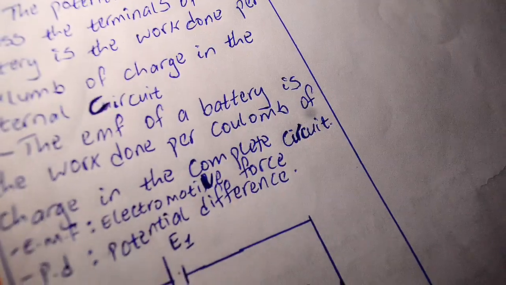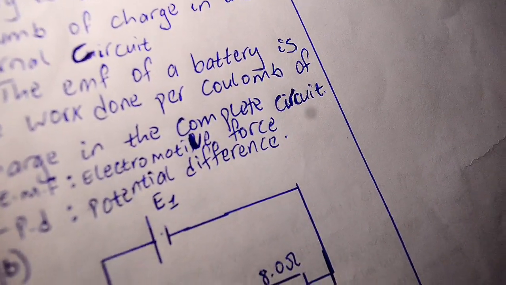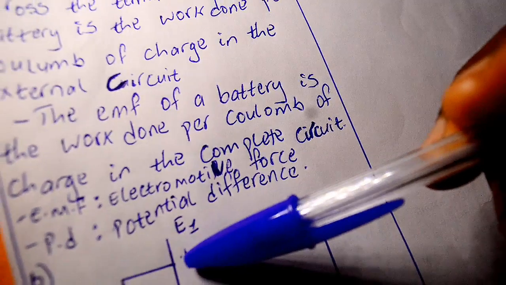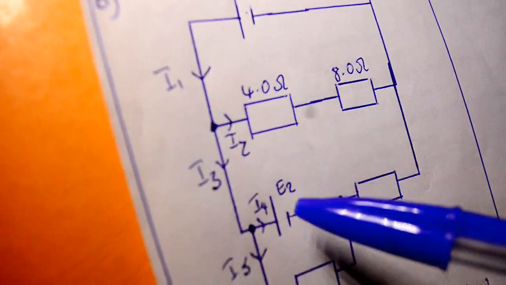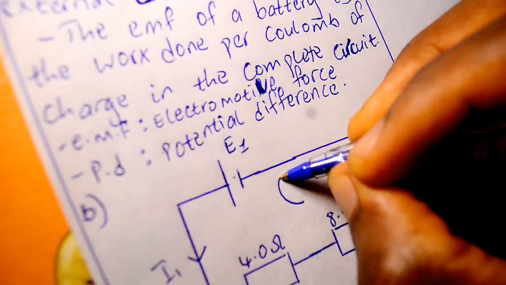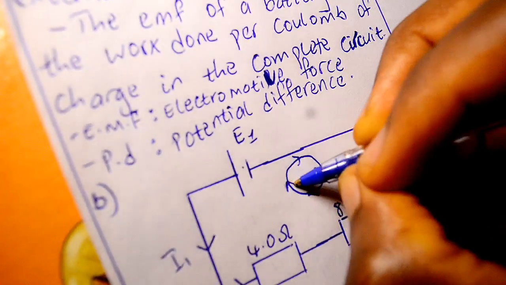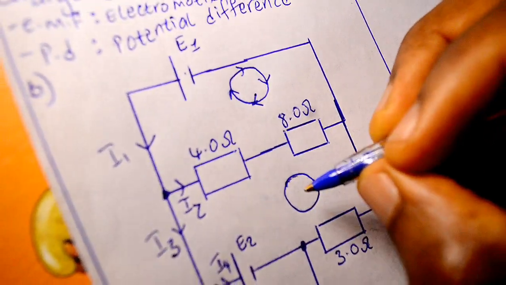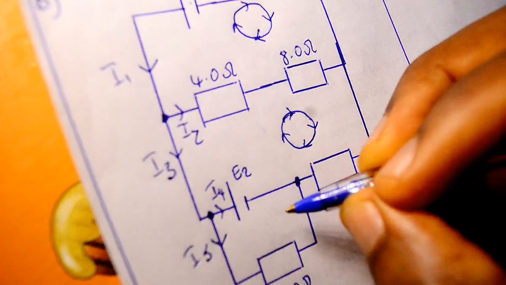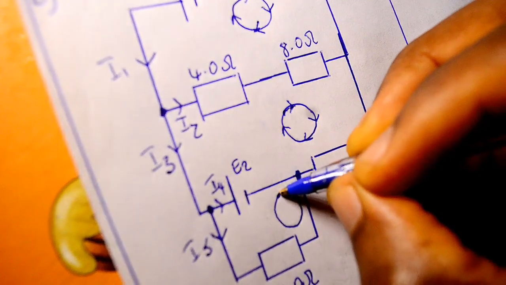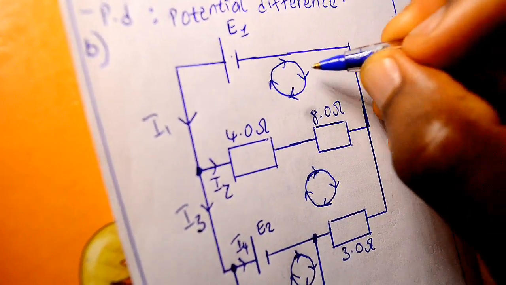Now Roman 2, calculate the EMF of E1. Remember, EMF refers to the voltage of the battery, while PD, potential difference, refers to the voltage of the resistors. This is loop 1.